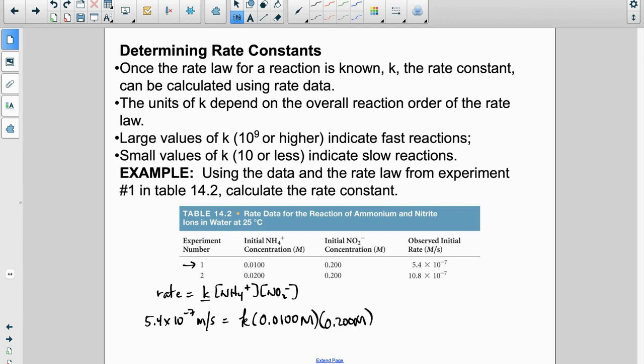Okay, so then we can go ahead and solve for K by isolating it. And so we'll divide this side by 0.01 molar times 0.2 molar. That cancels that out, but we've got to do the same thing on the other side.